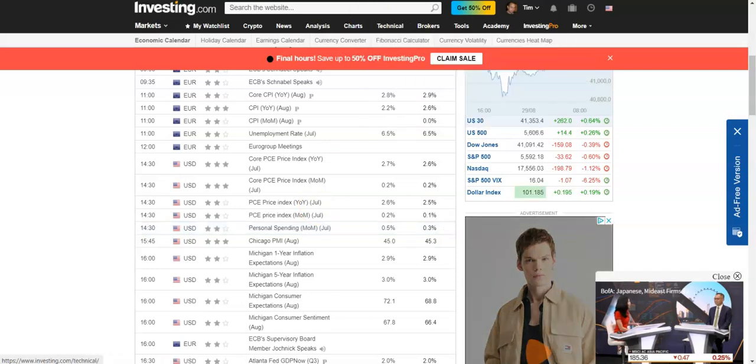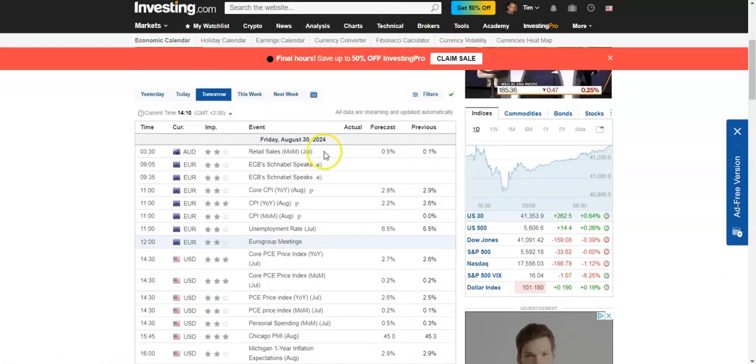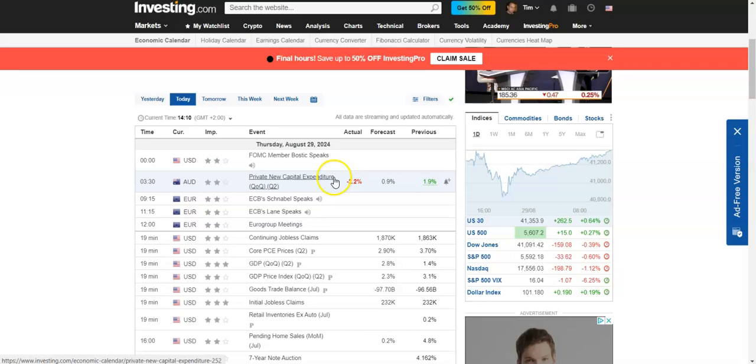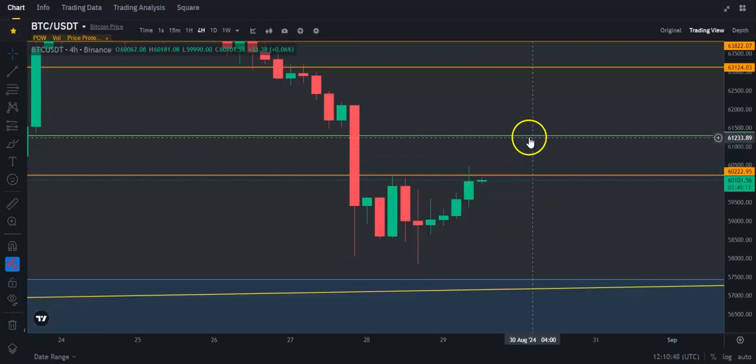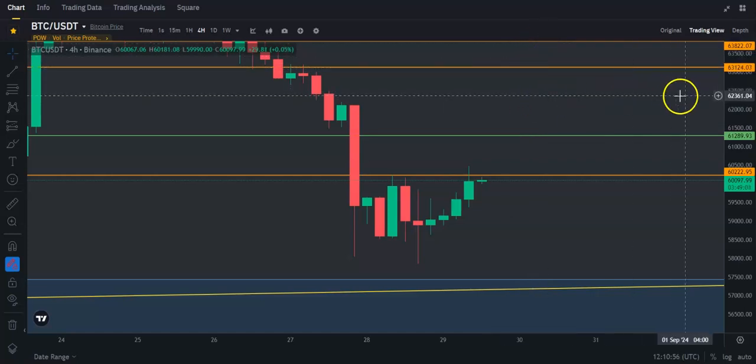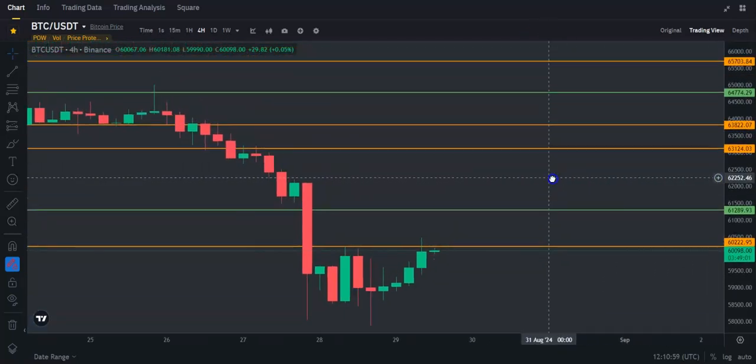So today and tomorrow, both very important. I'm not going to downplay today, but we will see. I think we can move to the 61.3 tomorrow if numbers are good. I think we move up to 63.1, maybe 63.8. I don't know if we'll break it, but I do believe we will push deeper into the 60s.